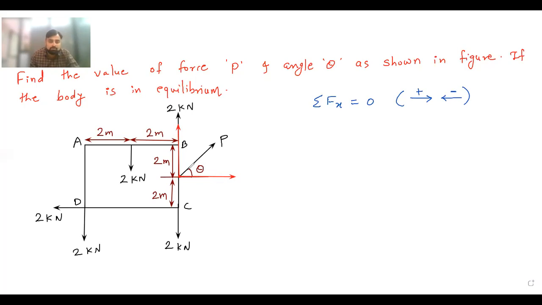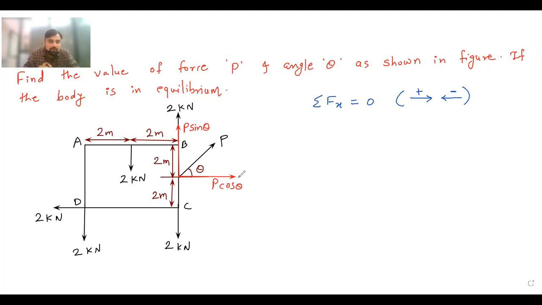Cos, because theta is here. So this will become P cos theta and this will become P sine theta. Instead of force P, we have resolved it into two components, and for further calculation we are going to consider the components of force P.